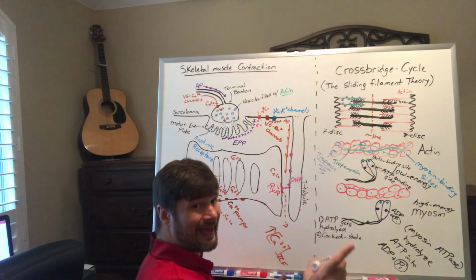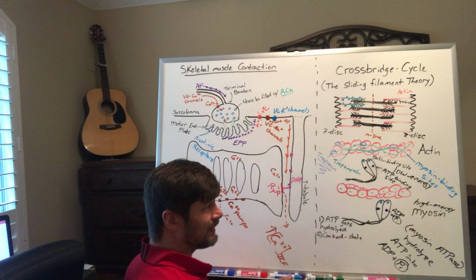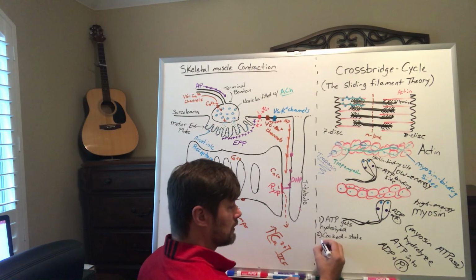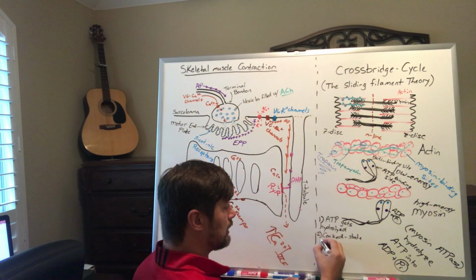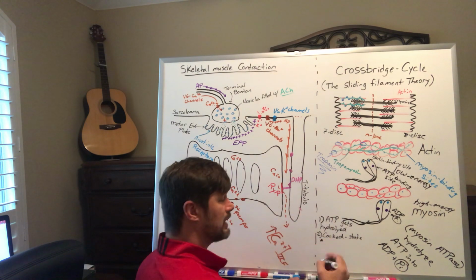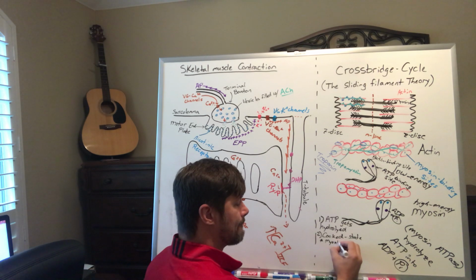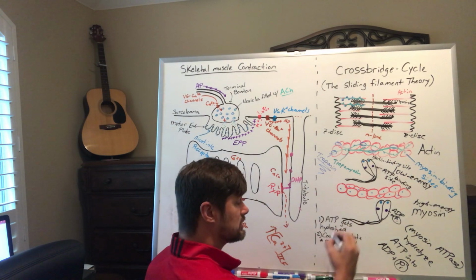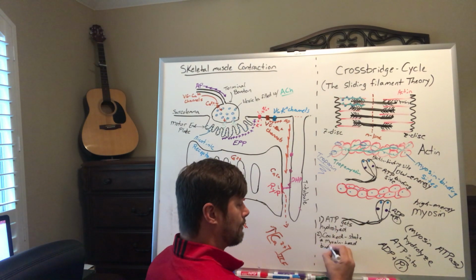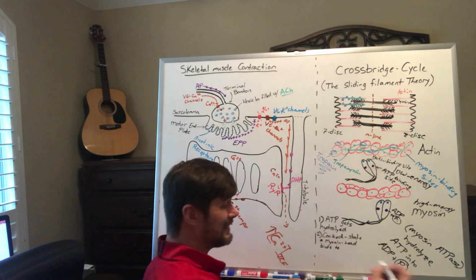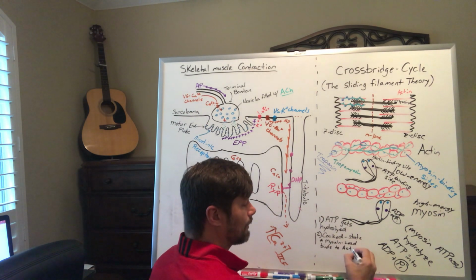As long as the myosin binding sites are exposed, we must make sure that we take that note into play. As long as the myosin binding sites are exposed, then the myosin head binds to the myosin binding site on actin.